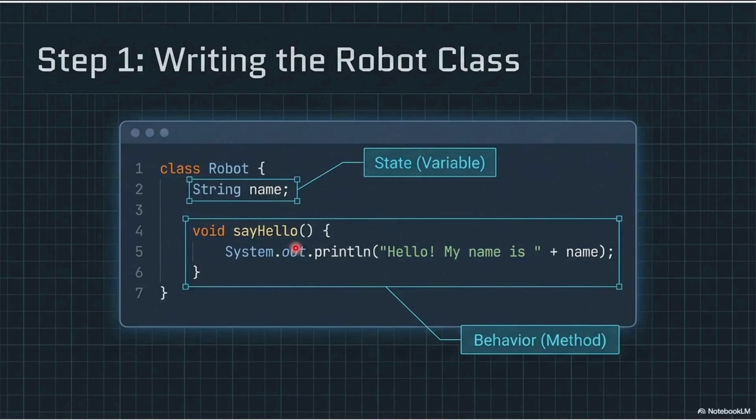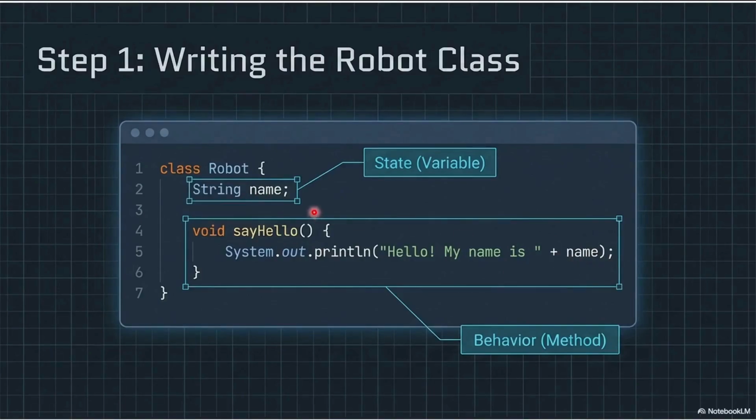Any function that belongs to a class is called a method. Many people get confused, but it's a function inside a class, so we call it a method. That is the behavior. We define the behavior with the help of methods, which are functions of the class. And this function is going to use that object variable over here.